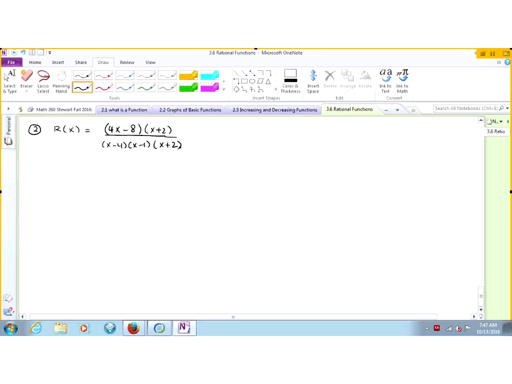Now, as usual, we are going to ask, what is the vertical asymptote? So what do you think? No, this one cancels, right? So this is x is not equal to negative 2. So look at this. I'm canceling one term, and then let's see the difference.